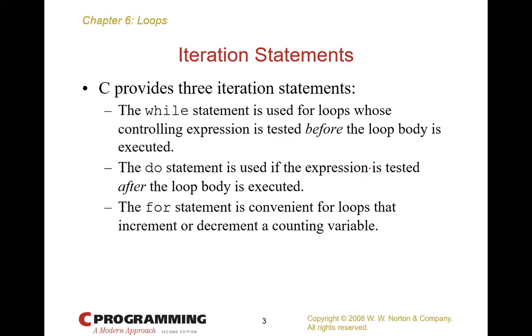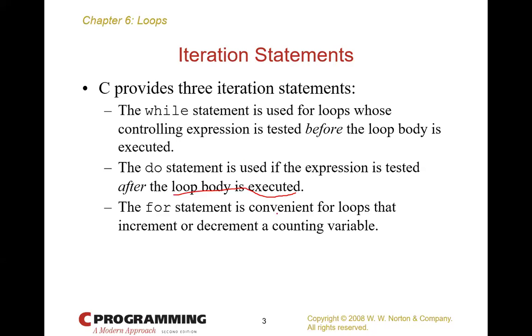Sometimes you know the condition is always going to be met at the beginning, so you don't want to waste time testing. For that case, you can make use of do while. So you do it first before you check. The do statement is used if the expression is tested after the loop body is executed.